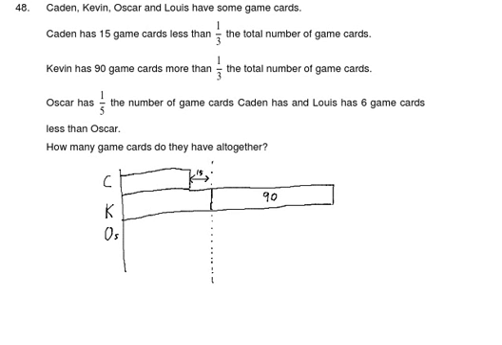So Caden is 5 units. And then Oscar is how many units? 1 unit. Since I know that Caden is 5 units, Oscar is 1 unit.